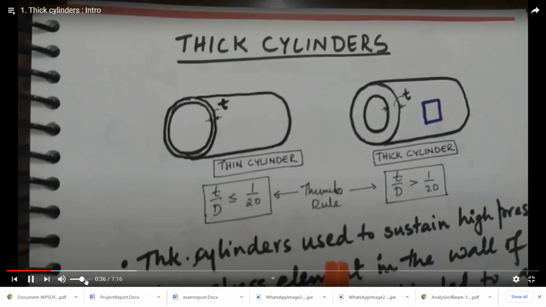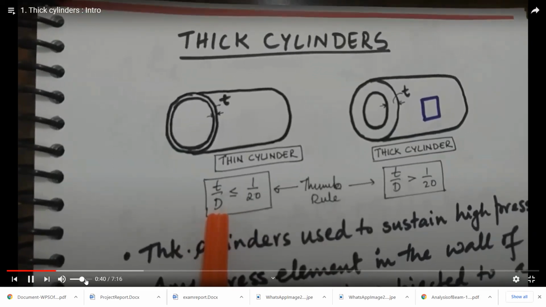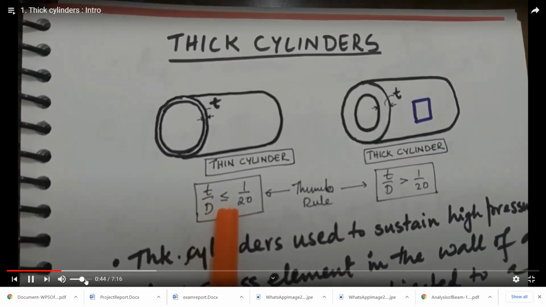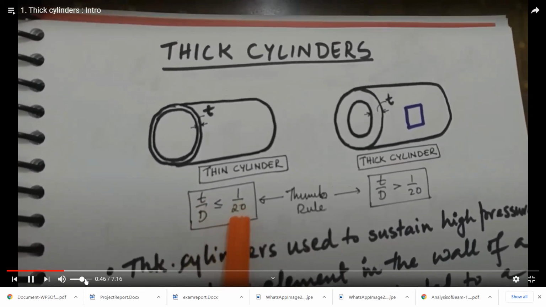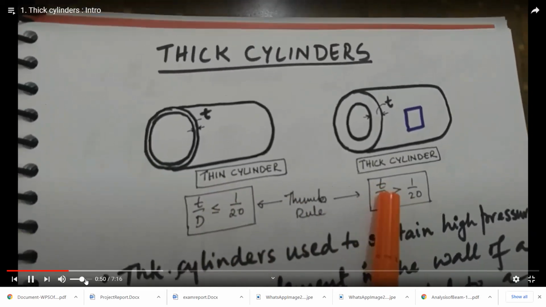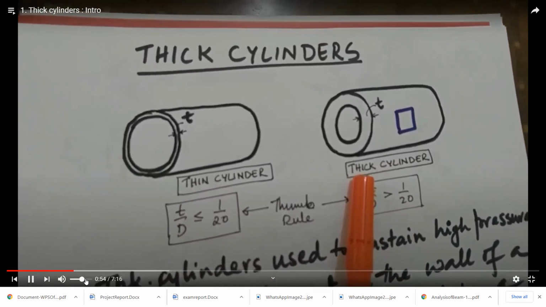Now, as we have dealt with this ratio in the thin cylinder topic, if the thickness to the internal diameter ratio is less than or equal to 1 by 20, it is called a thin cylinder, and if this t by d ratio exceeds 1 upon 20, it is considered a thick cylinder.